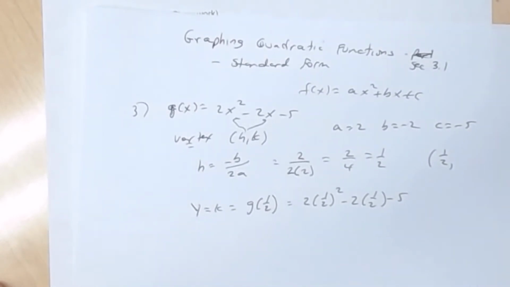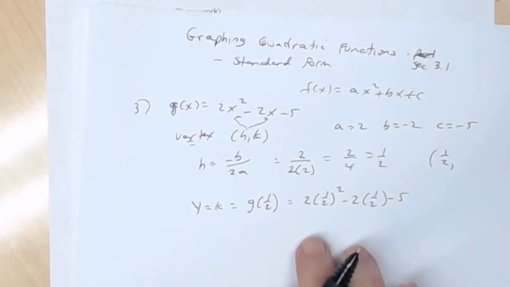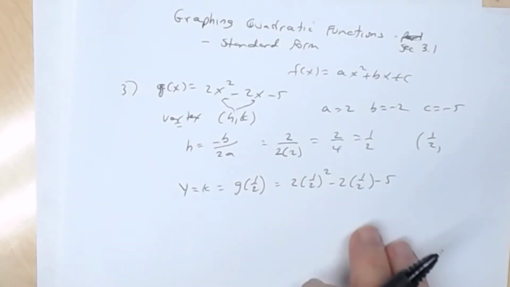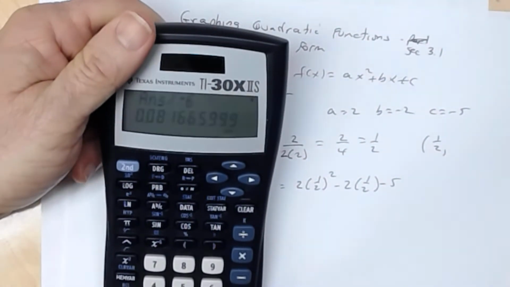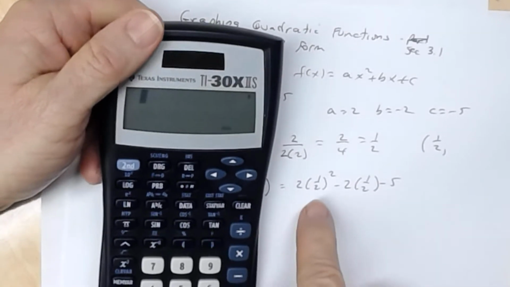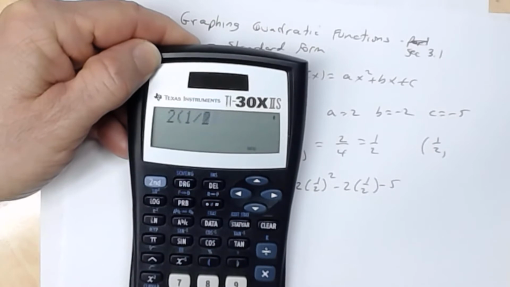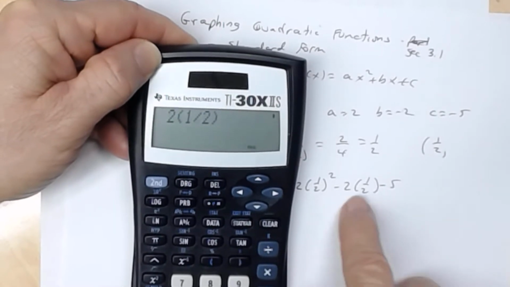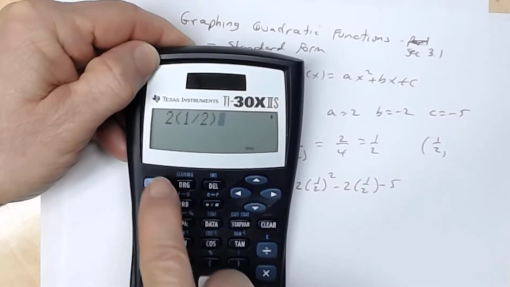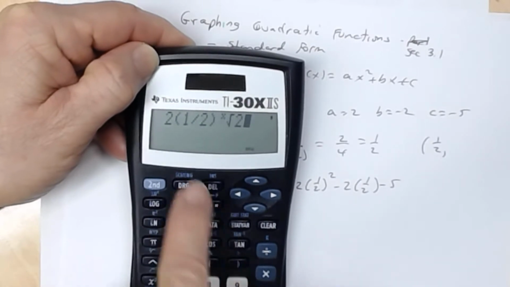Use your calculator with this. I know it has a fraction, but don't let the fractions throw you off. So this is what you have: 2 times 1 divided by 2, close the parentheses, that's being squared. I'll just square this, like this.